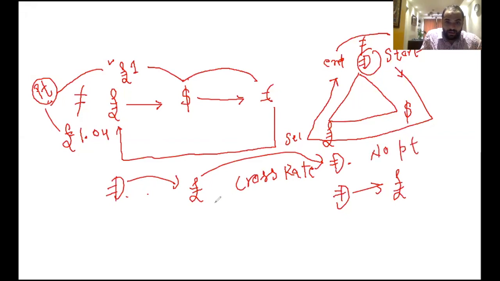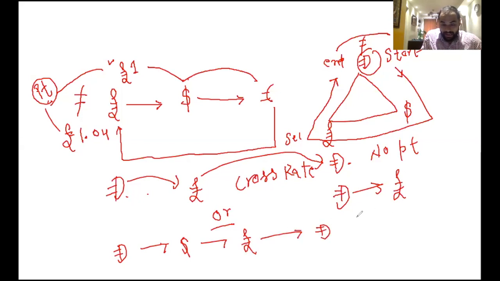And then you will choose another option. You go dong to dollars, dollars to pound, and pound to dong. And then you will see whether you have profit or not. So you can find the two ways because the cross rate is given in bank. As I explained before, cross rates are given in bank.